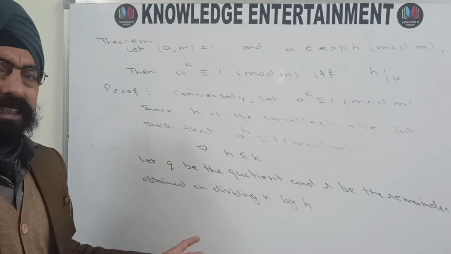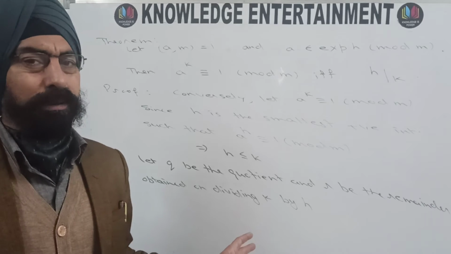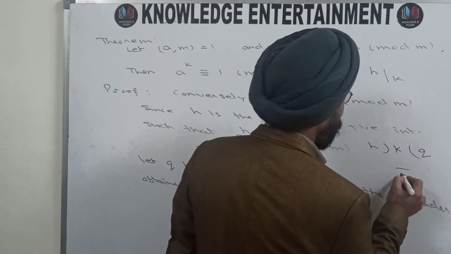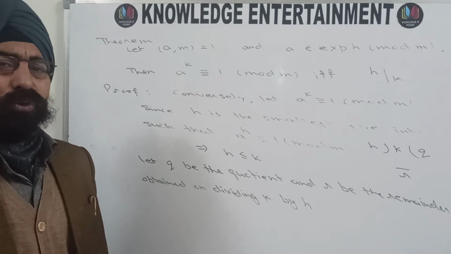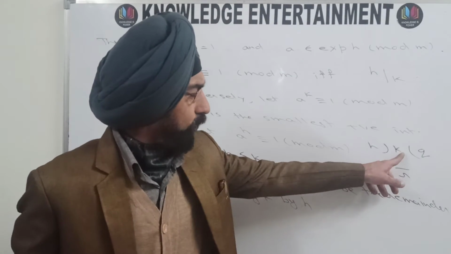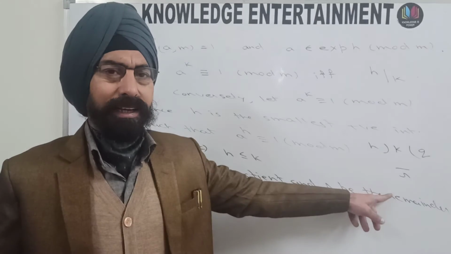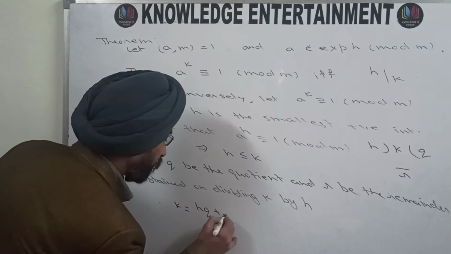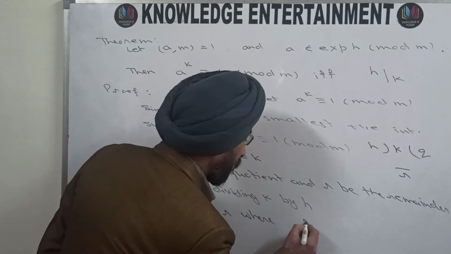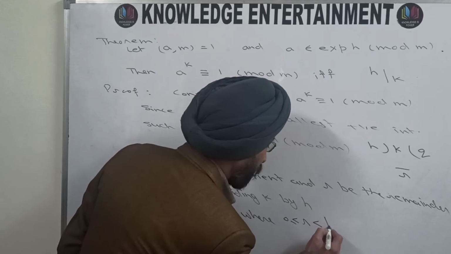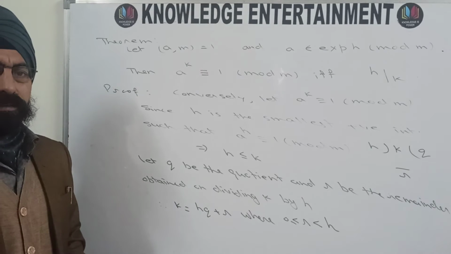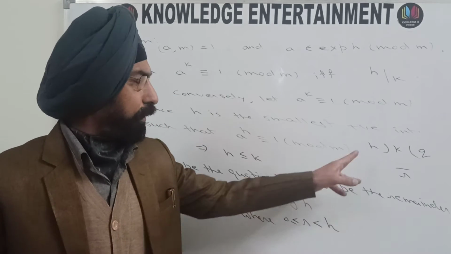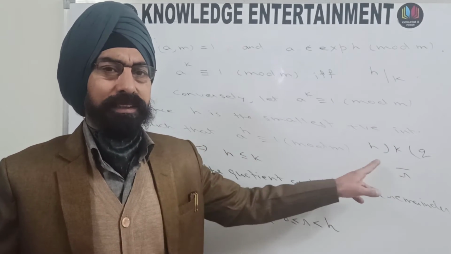Therefore, by the division algorithm, k is equal to h times q plus r, where r is greater than or equal to 0 but strictly less than h, because a remainder is always greater than or equal to 0 and strictly less than the number by which it is being divided.